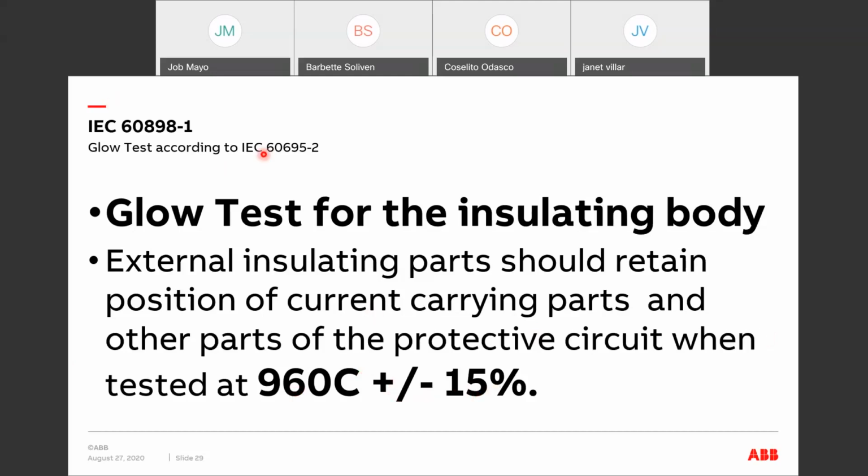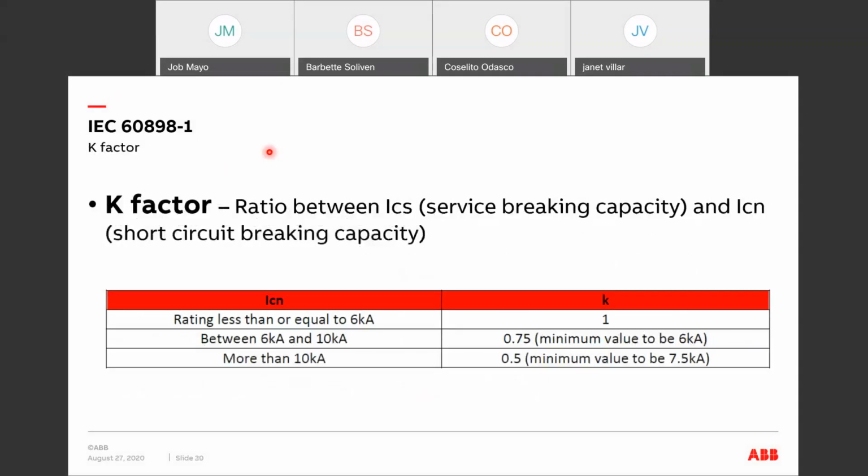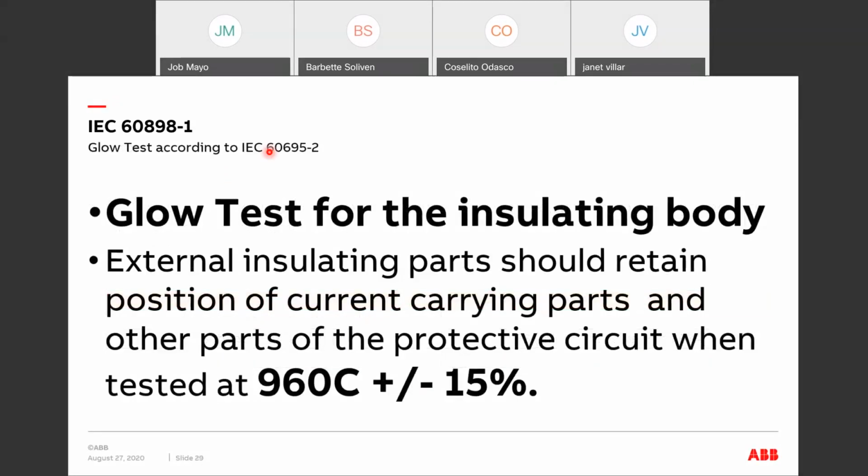So again, as you can see, they are also testing the mechanical or the insulating properties of the circuit breaker, primarily because it is assumed that circuit breakers under 60898-1 are operated by non-trained or non-technical personnel.